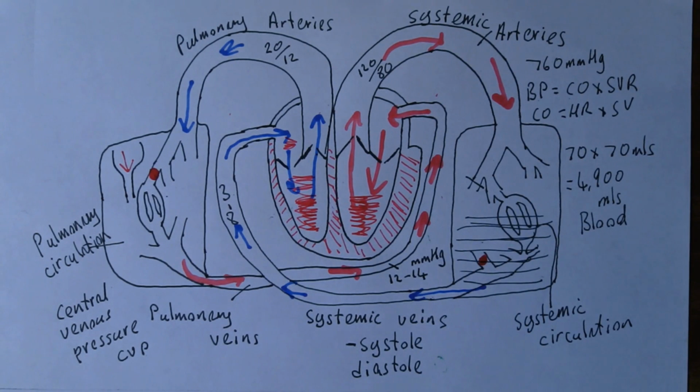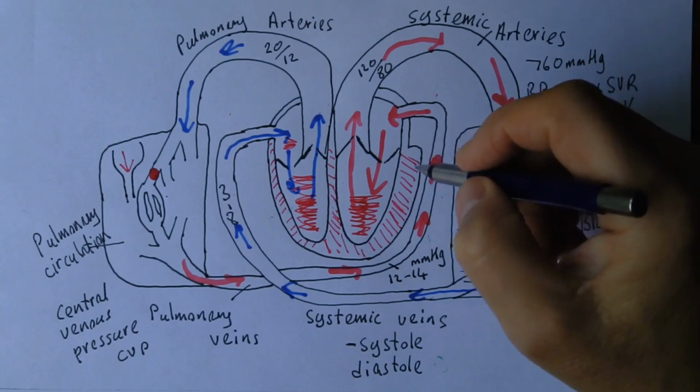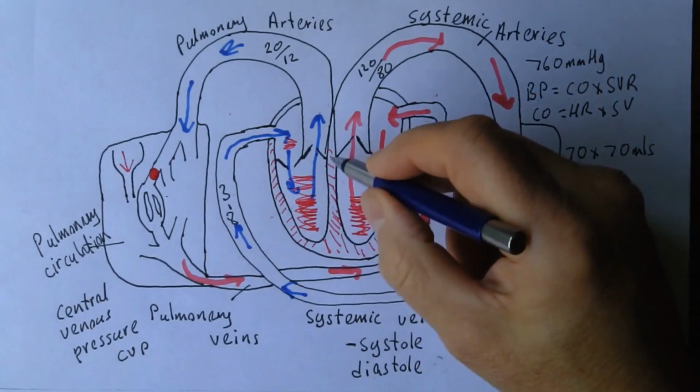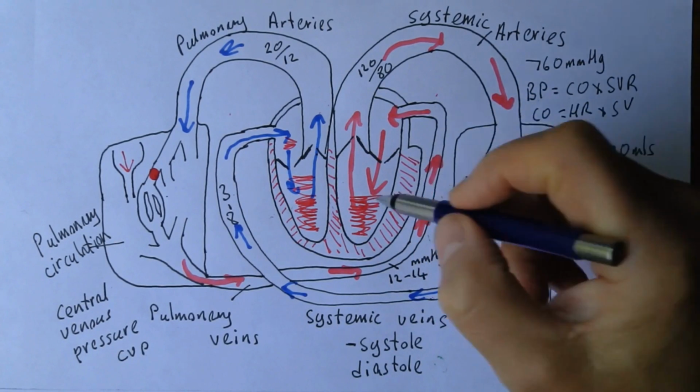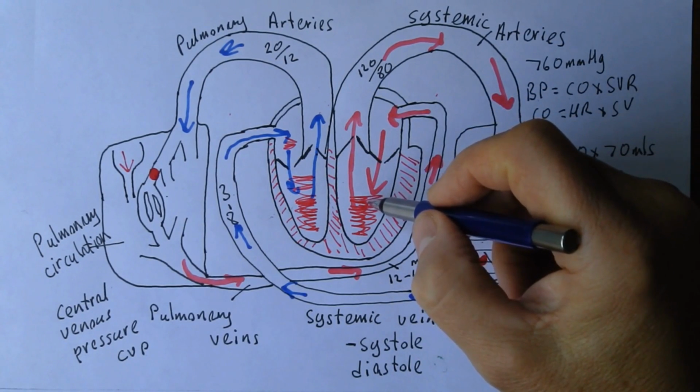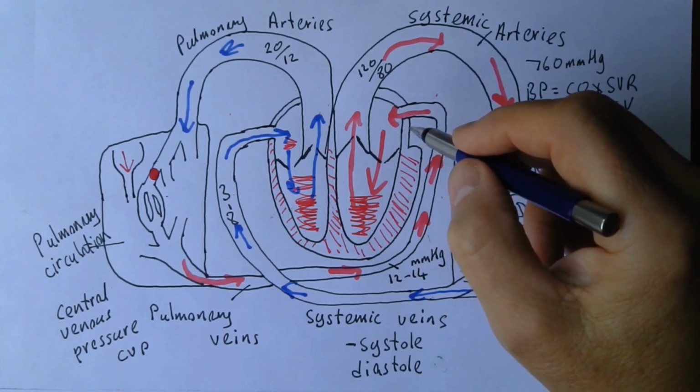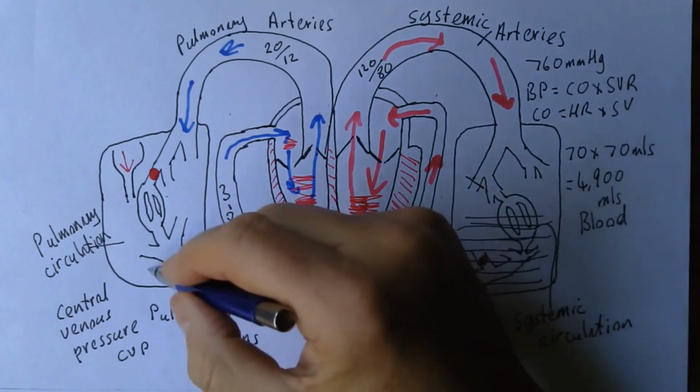But the most common cause of right ventricular failure actually is that it's secondary to left ventricular failure. If the left ventricle is not working properly for whatever reason, then the blood's not being pumped out of the left ventricle, so the blood is going to dam back into the lungs.